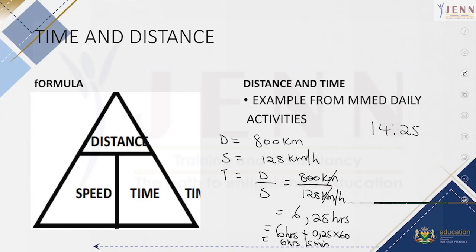How do we differentiate? Because with 12-hour format, 1 in the morning is the same as 1 in the afternoon. We differentiate by PM and AM. So 1 o'clock in the afternoon is 1 o'clock PM, but in the morning it's still 1 o'clock, but we differentiate with AM and PM.